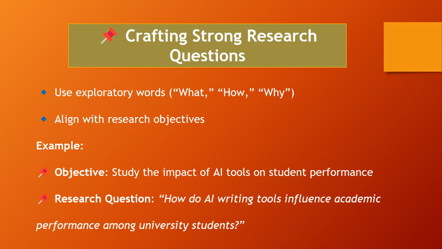So I'm going to be using how. The question I'm going to be asking now is, how does time spent on social media affect the mental health of teenagers? So I've automatically changed my research objective to my research question.